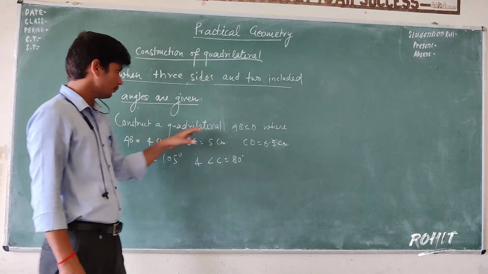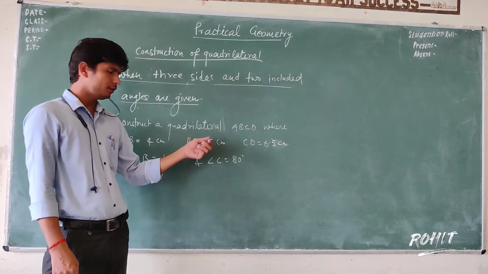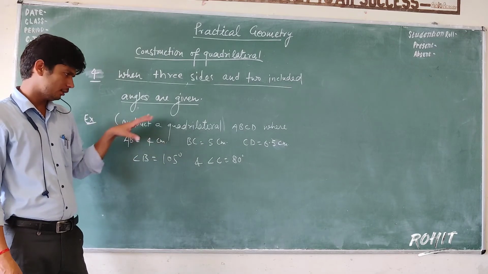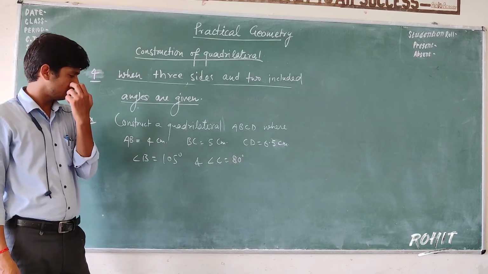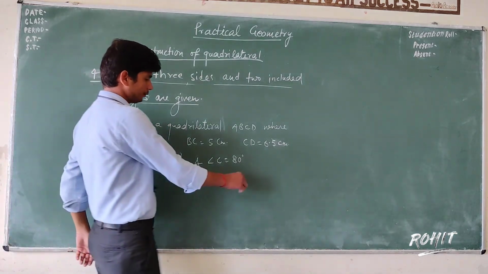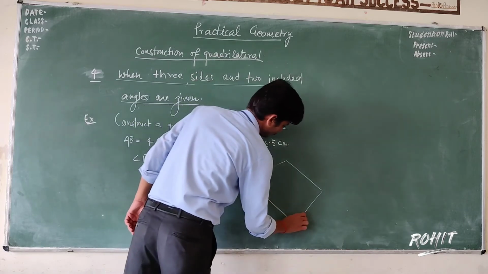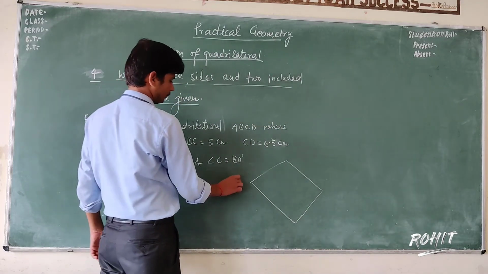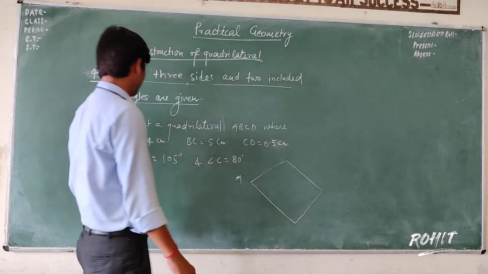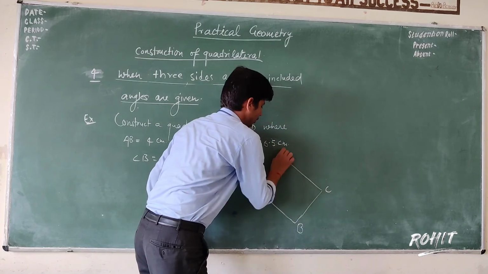Now we have to construct a quadrilateral ABCD where AB, BC and CD is given, angle B and angle C, that is these are the included angles are given. Now draw a rough sketch. Rough sketch is let draw ABCD.